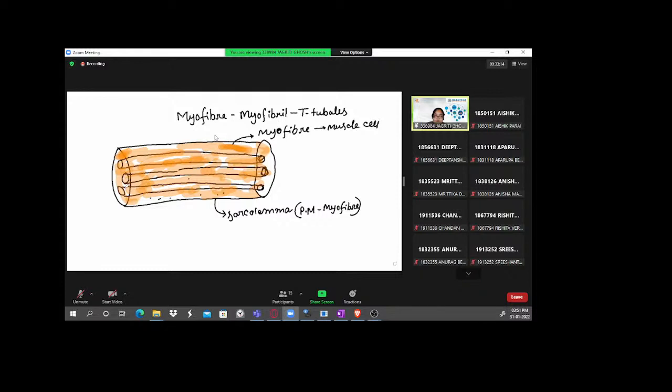Such an uneven cytoplasm. This cytoplasm of the muscle cells is known as sarcoplasm. So the muscle cell's cytoplasm is sarcoplasm.